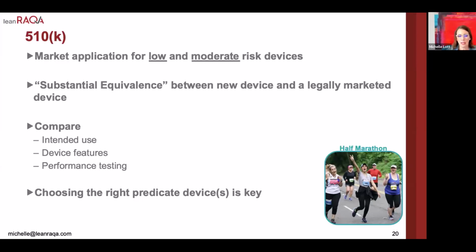So next to getting the intended use and indications for use statement right, this is one of the next most critical decisions that you can make: choosing the right predicate device for this comparison, because this is going to be the argument that you're going to make throughout the body of your entire submission.